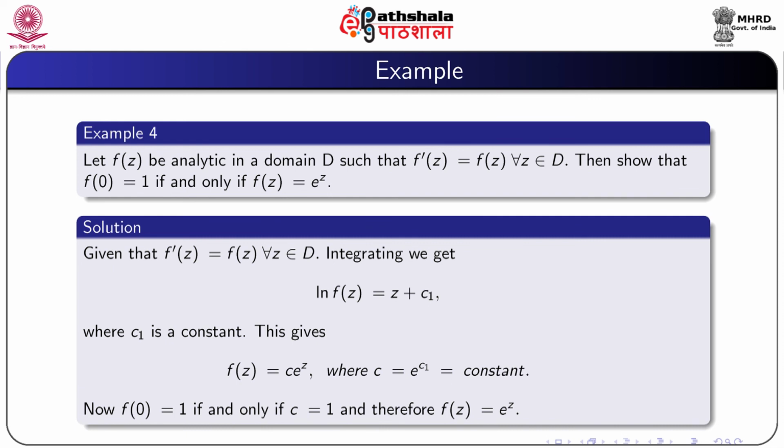So, from this we get f(z) equal to c e to the power z, where c equal to e to the power c1 equal to constant. So, given that f(0) equal to 1, so f(0) equal to 1 if and only if c is 1, and therefore, f(z) equal to e to the power z.